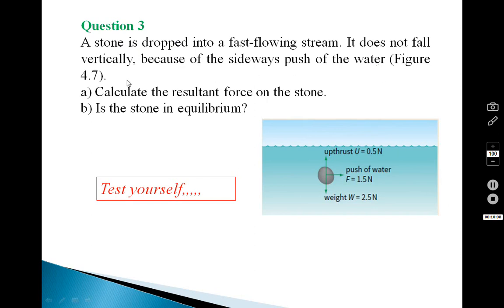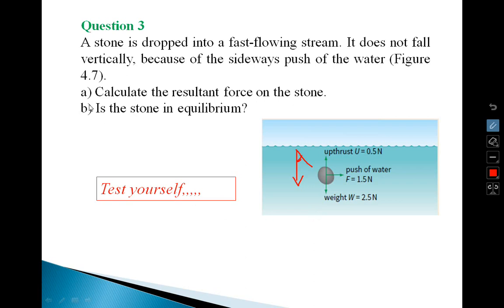It doesn't fall vertically because of the sideways push of the water. So the stone is moving something like this, not in the vertical direction. There is an angle theta here because of the sideways push of the water, as we can see in figure 4.7.